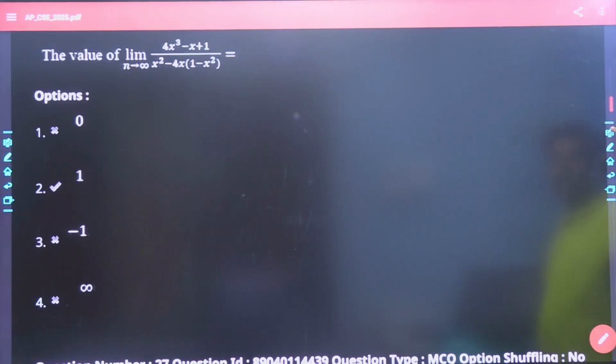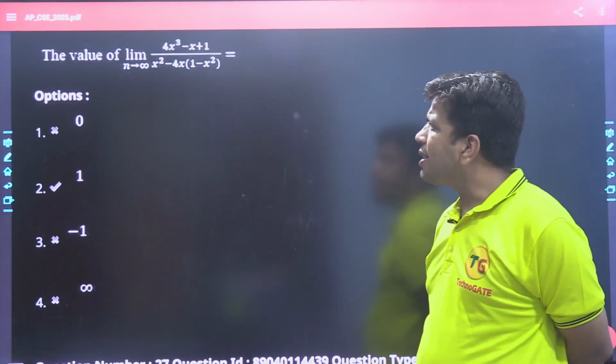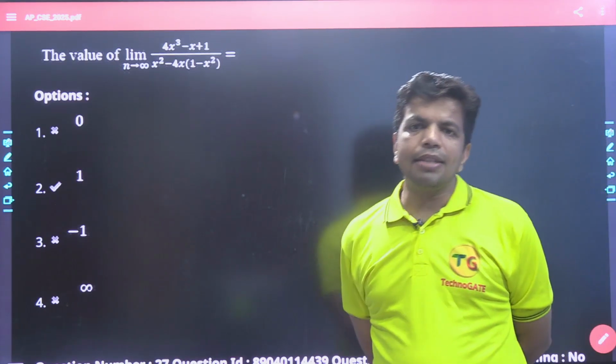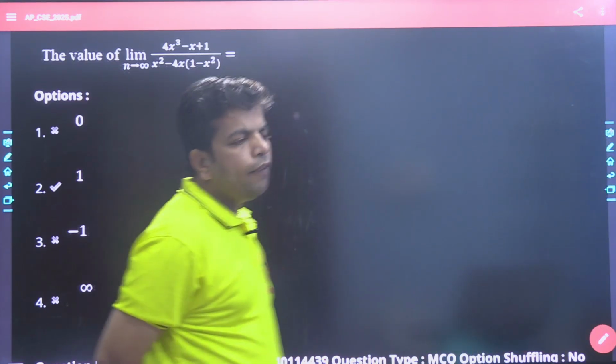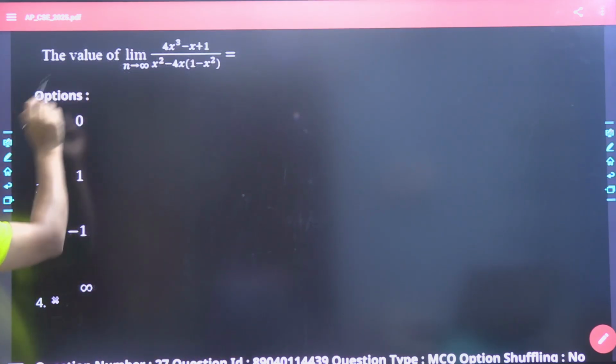Find the value of limit x tends to infinity, (4x cube minus x plus 1) divided by (x square minus 4x plus 4x cube). If we directly put the value infinity, this becomes infinity by infinity.